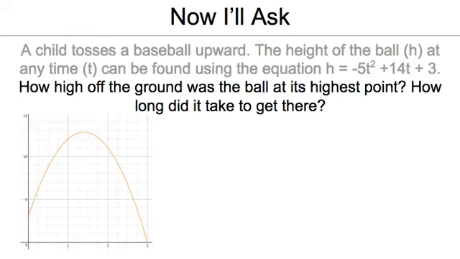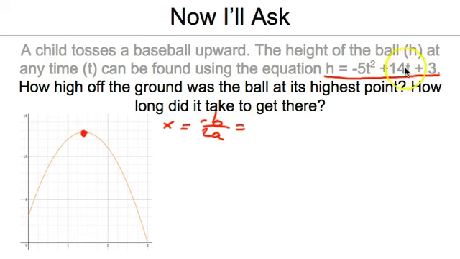Now I can ask a more complicated question. How high off the ground was the ball at its highest point, and how long did it take to get there? Now, in order to do this, I have to know that the highest point is going to be the vertex of that function. So really what I'm trying to do is take this equation and find the vertex. Well, to find the x-coordinate of the vertex, we know from standard form that that will be the opposite of b over 2a.